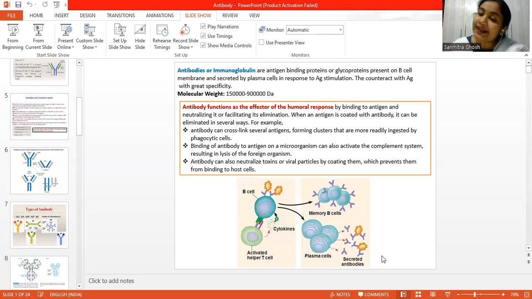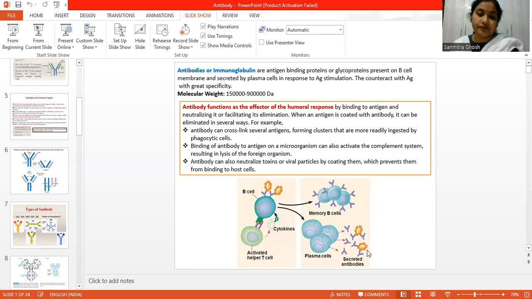So this secreted antibody in the circulation, when they come across or confront these antigens, interacts with them and neutralizes or eliminates them from our system. So this is the basic process of triggering the immune response in response to a foreign invader or a foreign particle in our body by means of the antibody.